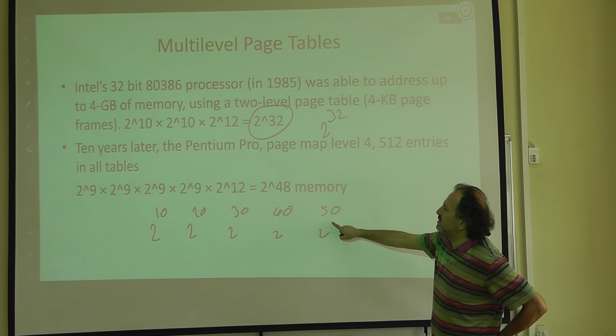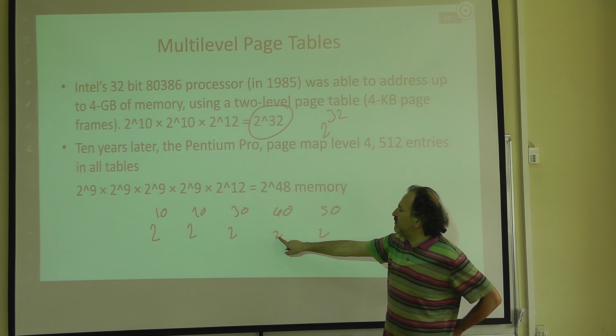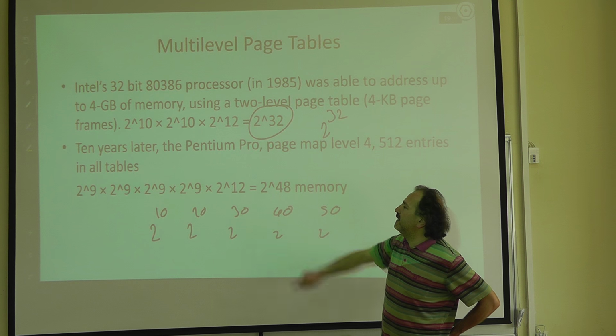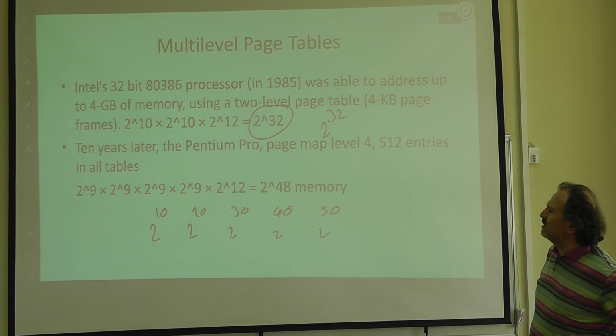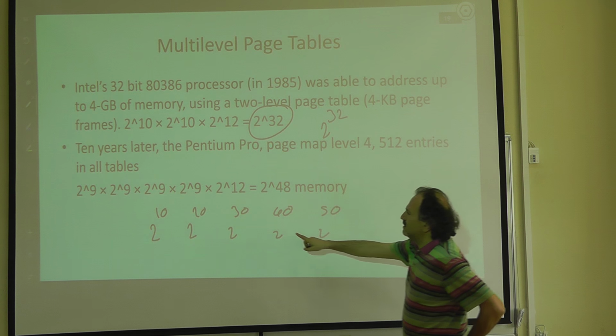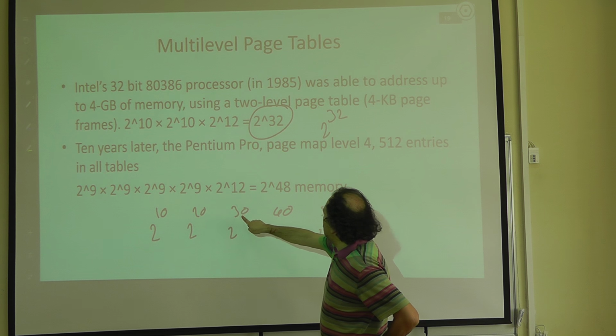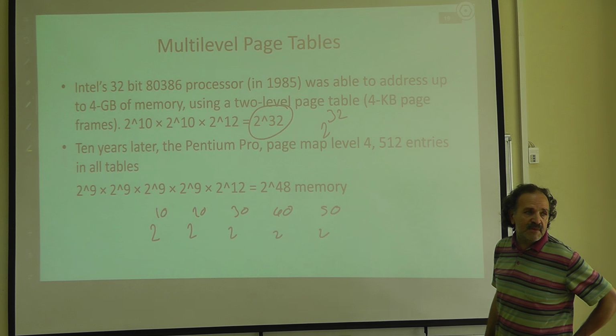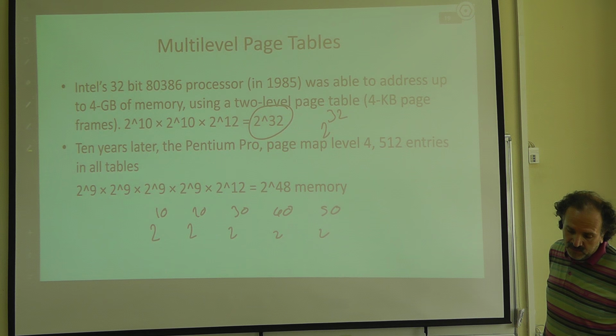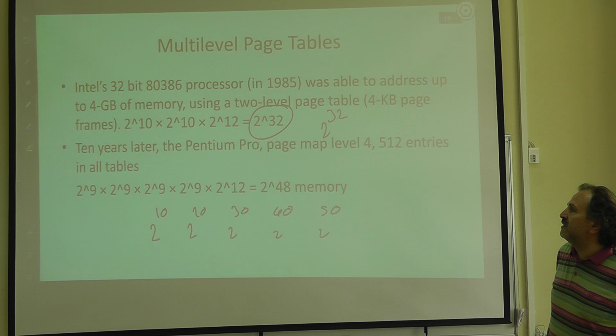So 1/4 of this one, so it is 256, gigabytes, right? Is it correct? 256. What was this one? This is kilobytes, megabytes, gigabytes, and terabytes. I get 256 terabytes of virtual address space. That's a very, very large memory space.